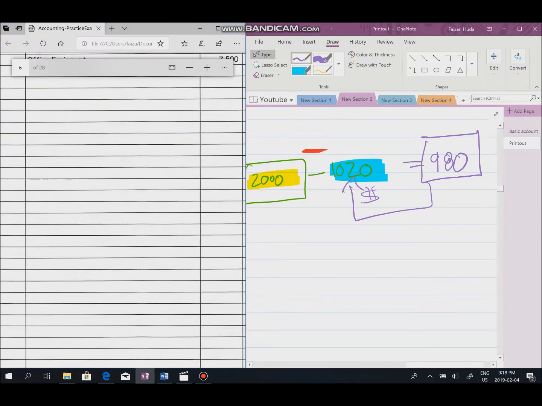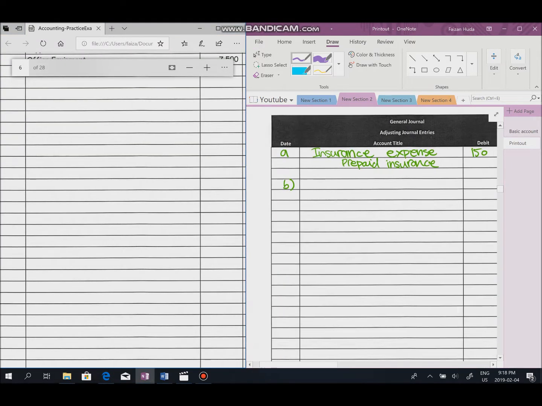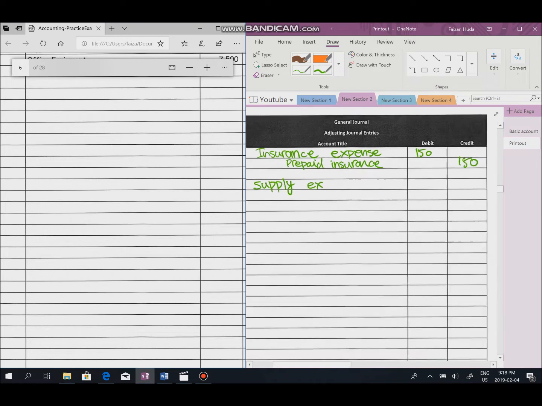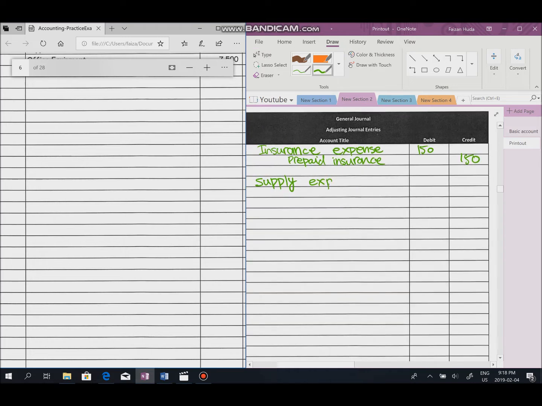So our adjusting entry would look like supply expense. Since we used up $980 worth of supplies, it's going to be a debit. Expenses are not always debit. They're debited when you want to increase your expense.